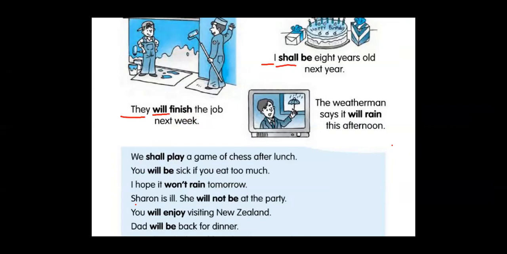We didn't use they shall. We use they will. With I, we use shall. I shall. They will. We shall play a game of chess after lunch. So with we also we use the helping verb shall.